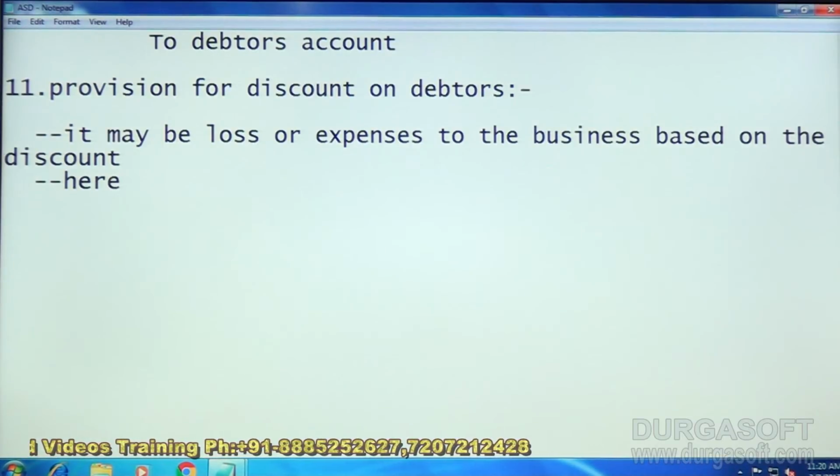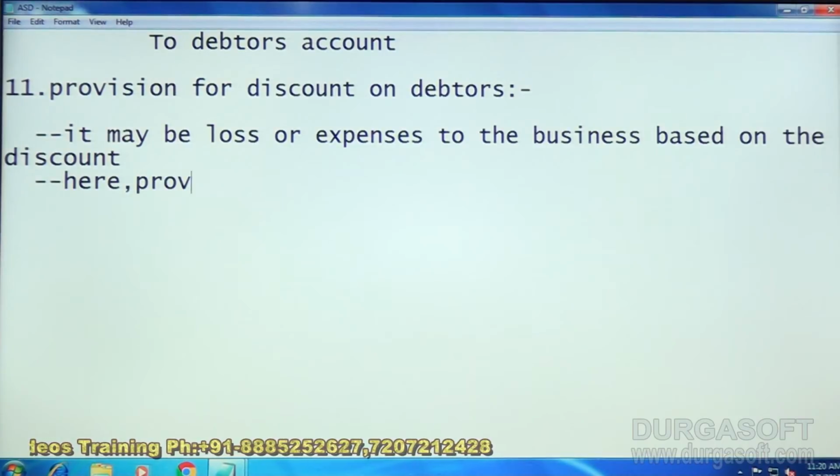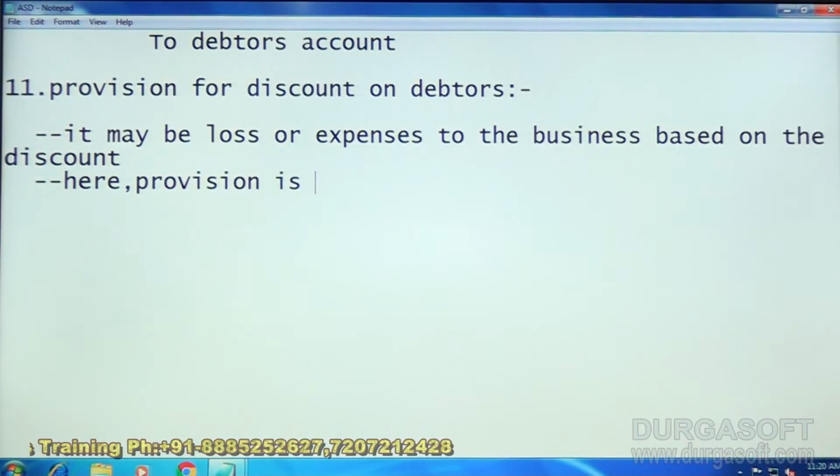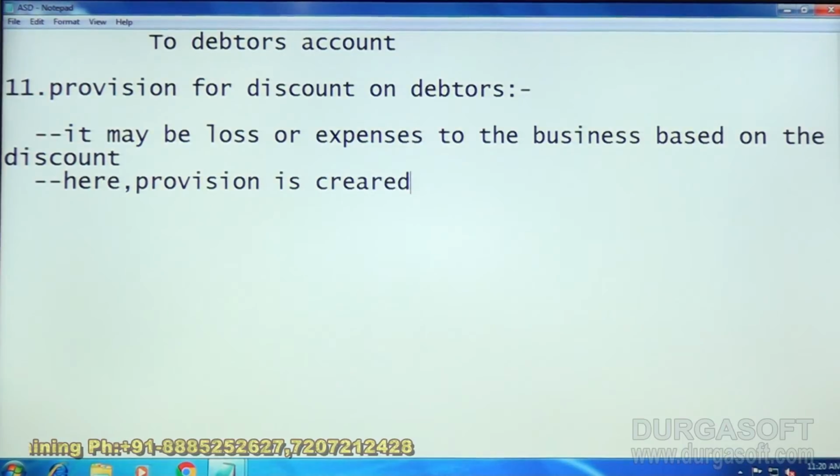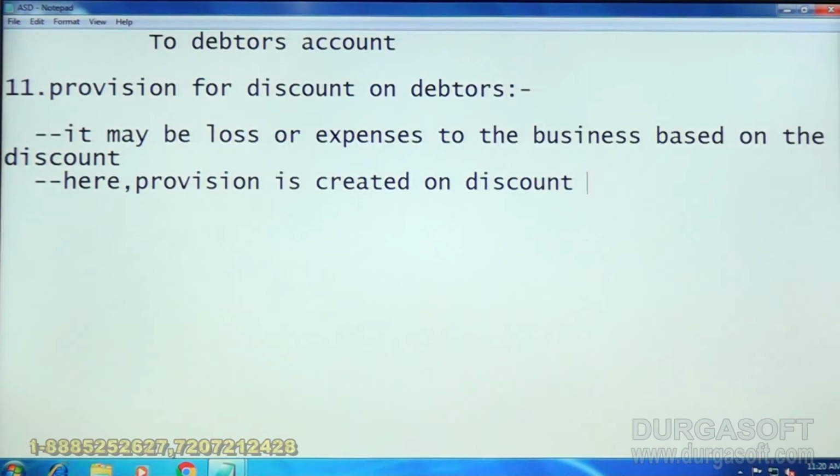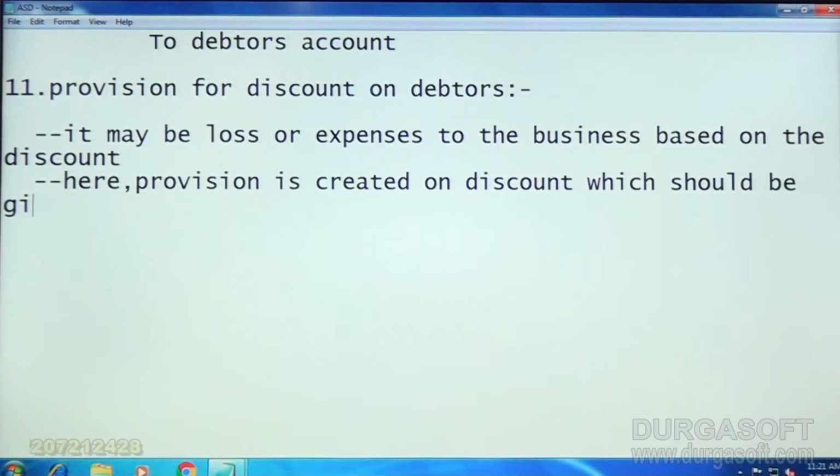Here provision is created on discount which should be given to the customers, or debtors.